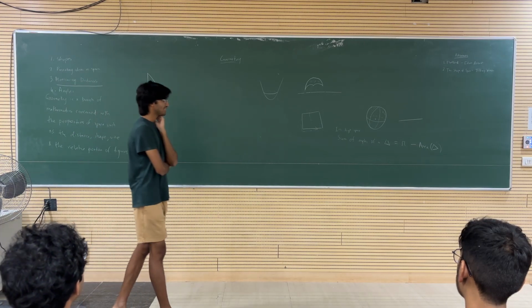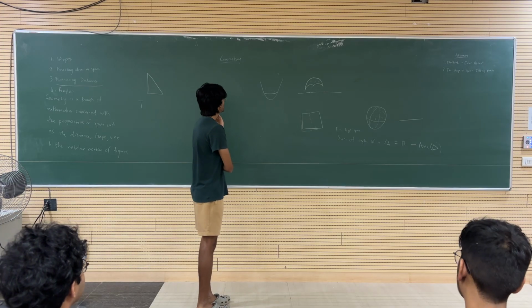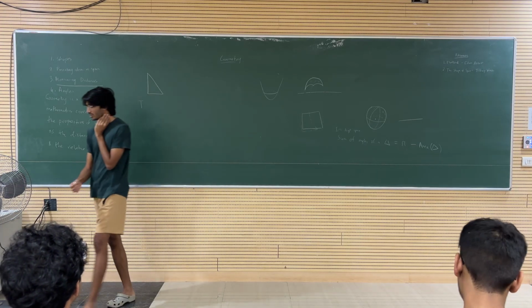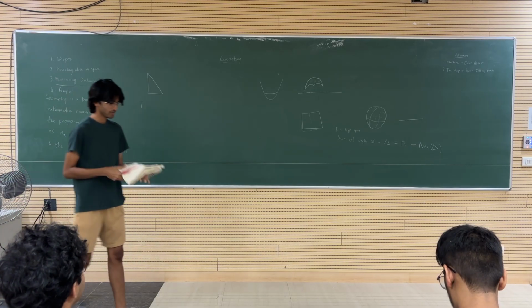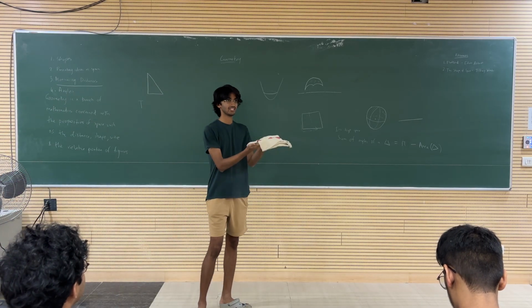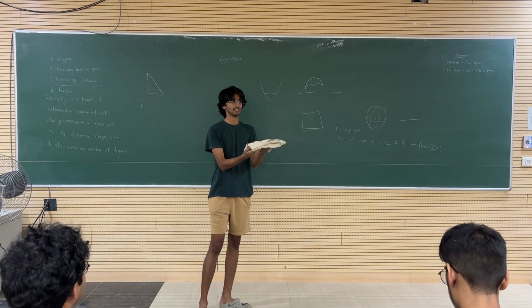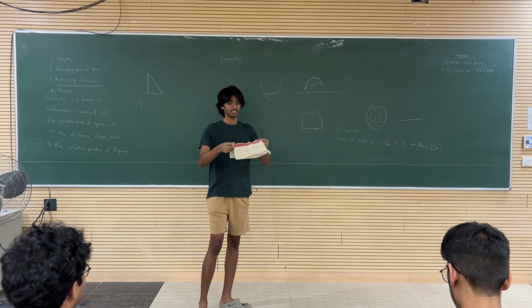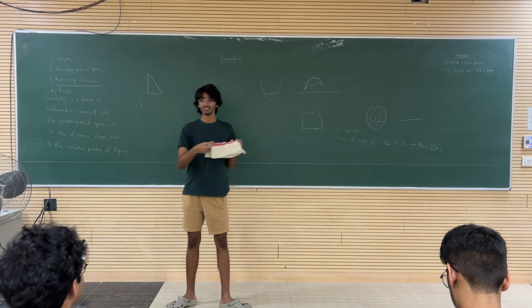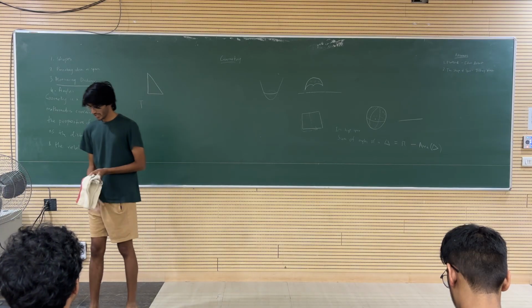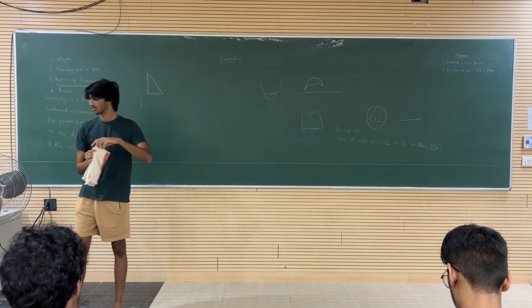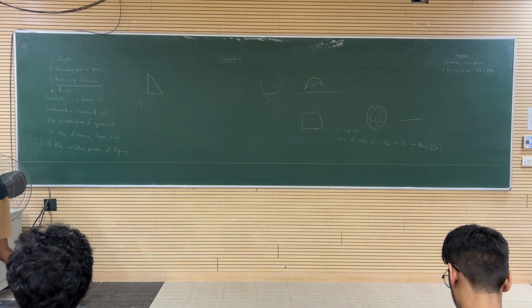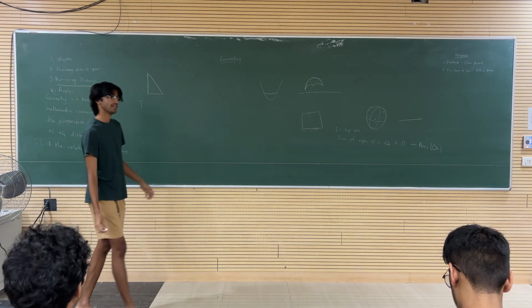I can give you a simple example. I hope you understood that this flat space was isometric to this space, which means it has the same geometry. But if you curve it all the way to get a cylinder, then it turns out that they are not the same.